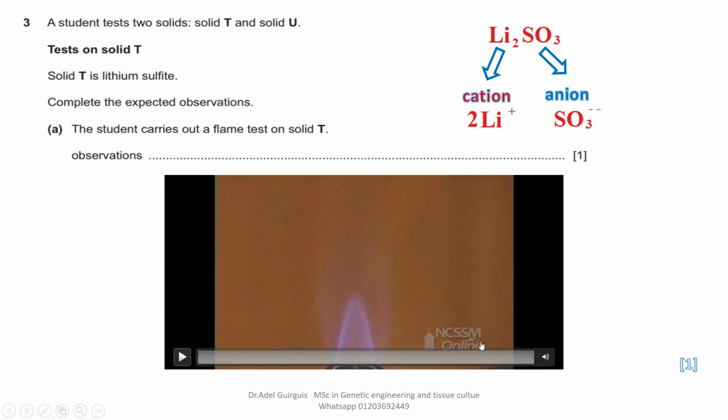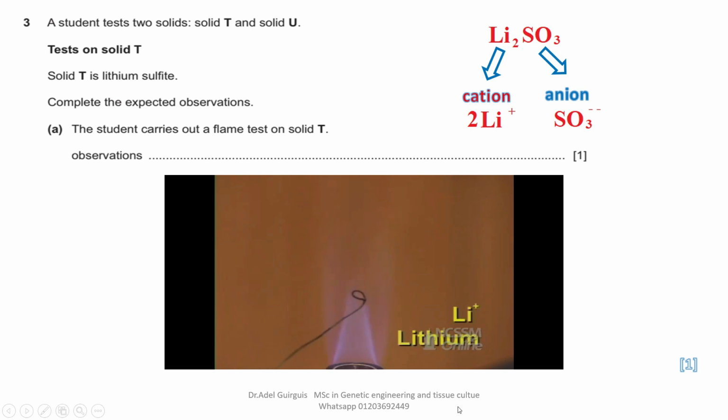The Bunsen burner has two parts of flame, the outer non-luminous flame and the inner luminous flame. We put a wire containing a sample of salt into the outer flame. If this loop of wire contains lithium salt, the Bunsen burner flame turns red. So the answer: red flame.